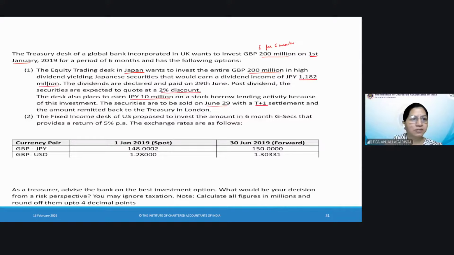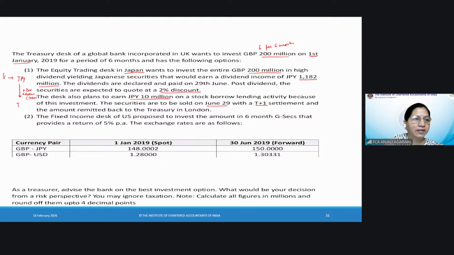So what is the process here? First, you have pounds. This you will convert into Japanese yen. After 6 months, you will get plus dividends, plus return from stock lending and borrowing of the securities, and minus discount on the value of securities.